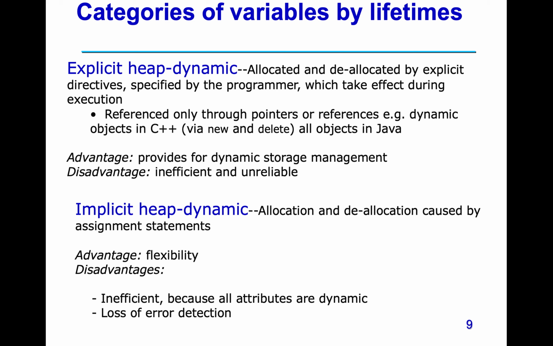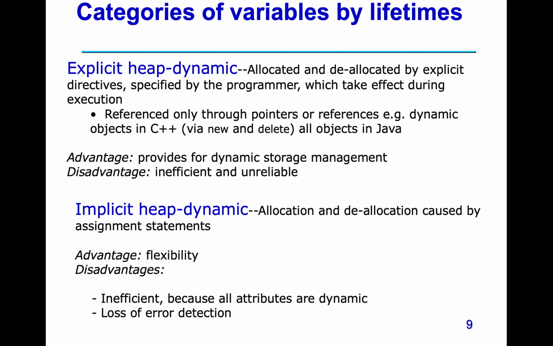When you make a copy of one object to another object, the copy constructor invokes. And the copy constructor is implicit heap dynamic allocation. So the compiler does it for the programmer, and it does it in certain circumstances when it needs to allocate the memory. Advantage is flexibility.